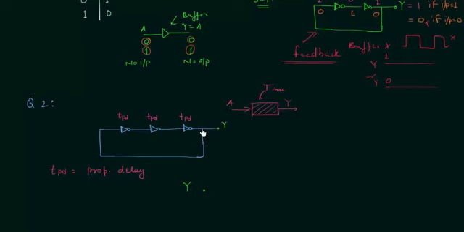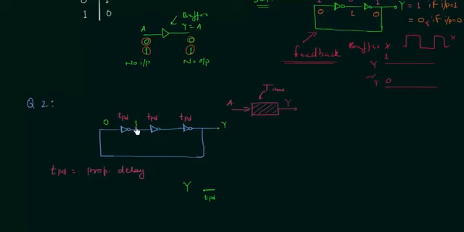Y is equal to 0, we have a feedback, so here we are going to get 0. 0 is acting as the input to this NOT gate, so we will have 1 here, but still the output is equal to 0. Because T_PD is the propagation delay for this NOT gate, once we apply 0 to this NOT gate, after T_PD we are going to get 1. So I'm making the timing diagram, and after T_PD also the output is equal to 0.